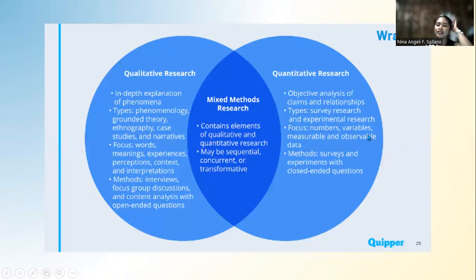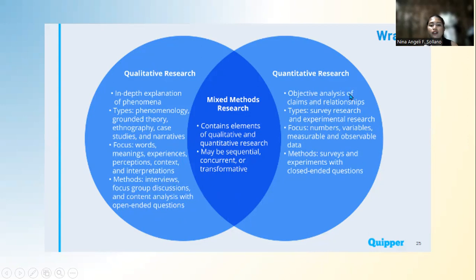So here are the possible ideas, and I hope that your ideas on the activity will be like this one also. So here, in-depth explanation has types like phenomenology, words, meanings, experiences, perceptions, context, and interpretations, and then the methods: interviews, focus group discussion, content analysis, and open-ended question.